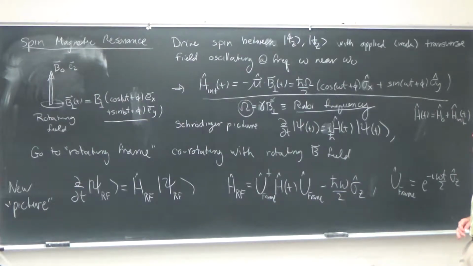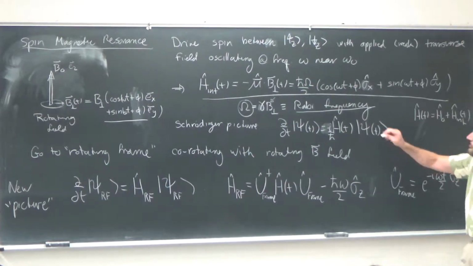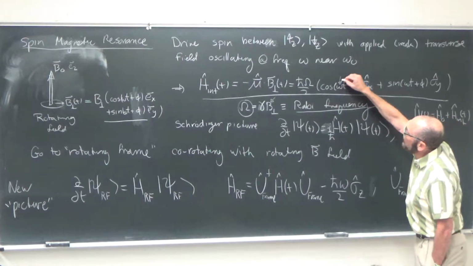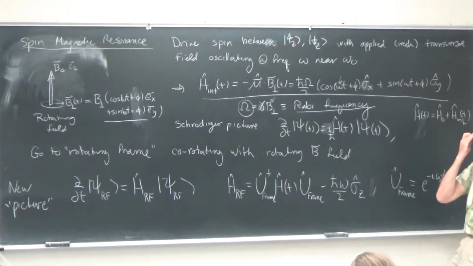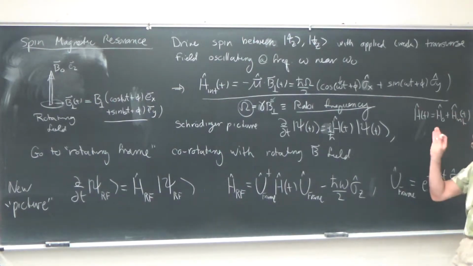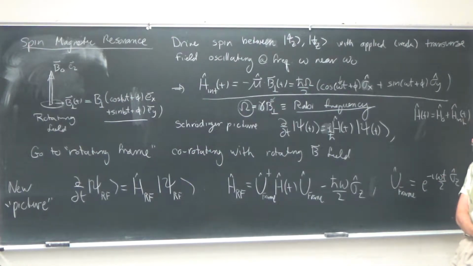Right, so we have these three different frequencies: the Rabi frequency, the resonance frequency, and the frequency of the oscillation of the magnetic field. Keep them straight in your head and remember what each one of them means physically, okay?